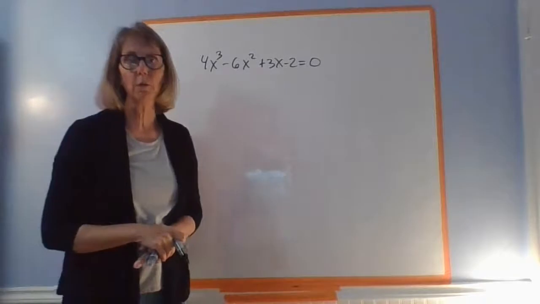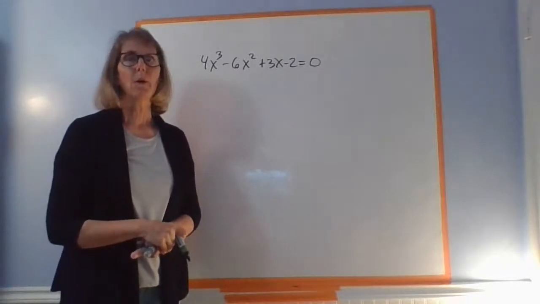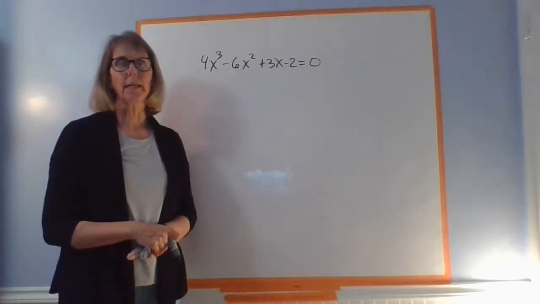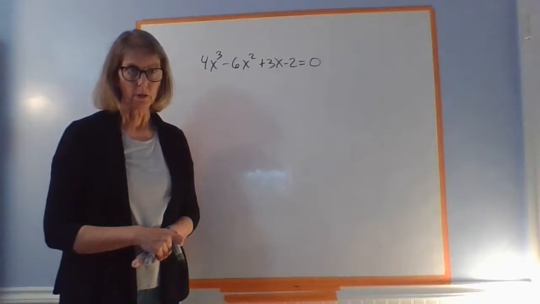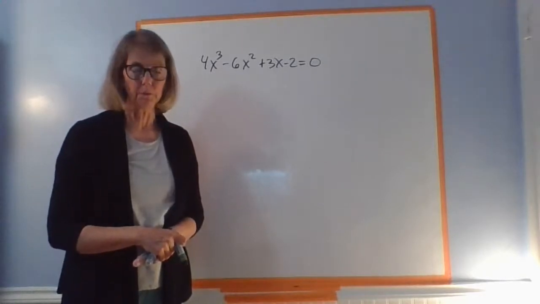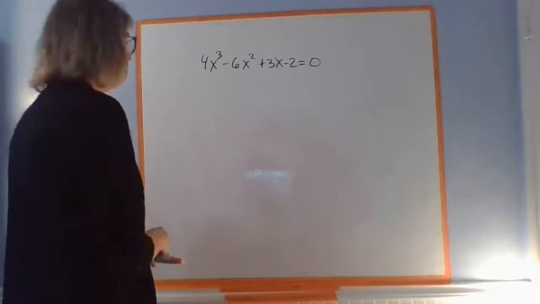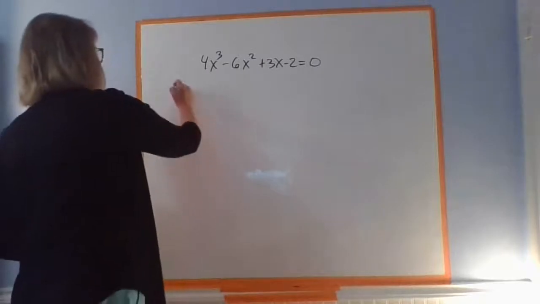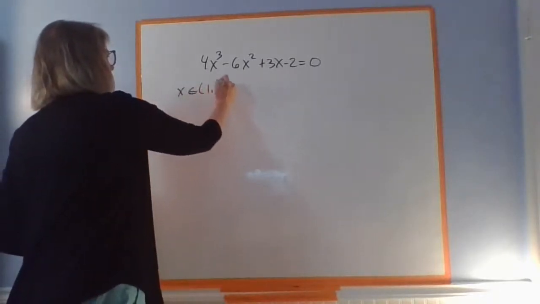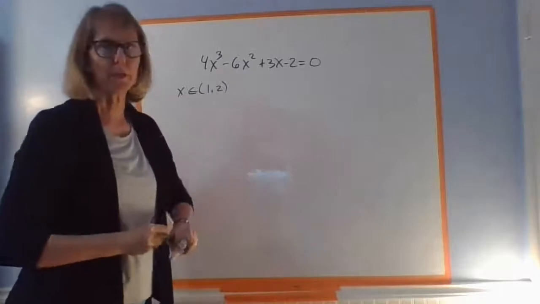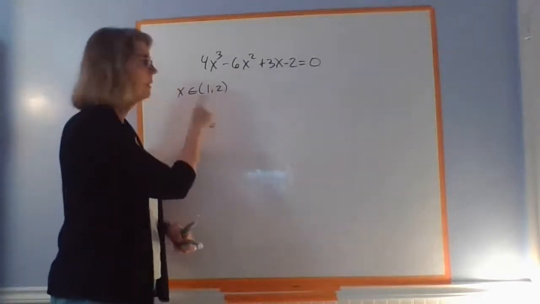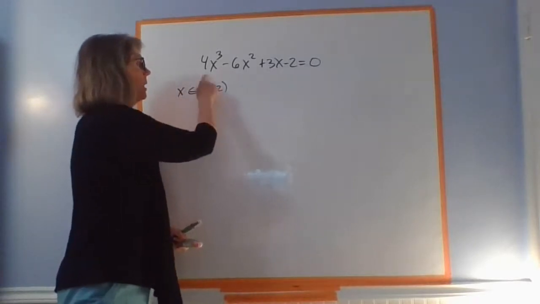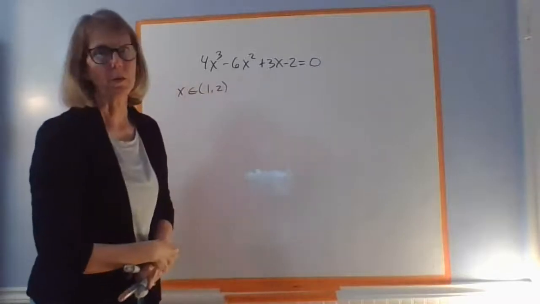So this is a polynomial equation, and we want to know not exactly what the solution is, but does there exist a solution? This will be an existence proof. So we're told, well, we think that there is a solution, and we're going to call that x, but it's going to live between 1 and 2. So the proof is to find the existence of a number between 1 and 2 such that that number is a solution to this equation.